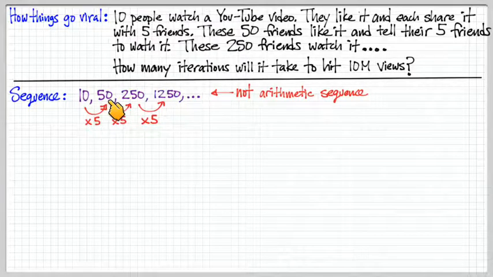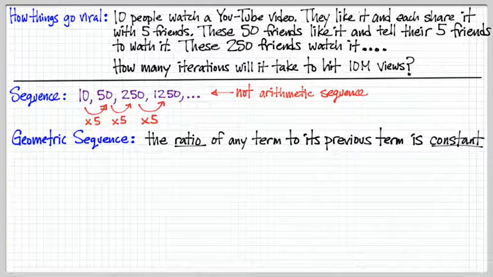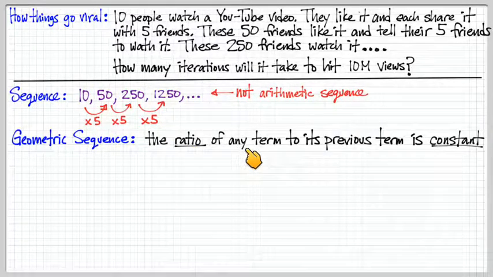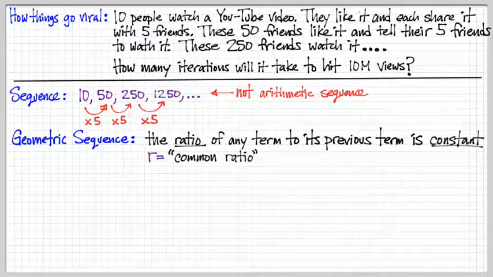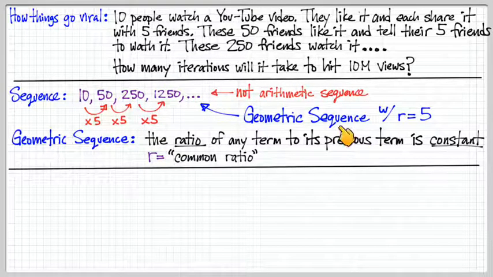We're multiplying times 5 each time here, so we call that a geometric sequence when the ratio of any term to its previous term is constant. And in this particular case, this geometric sequence has a common ratio of 5, where we use r to be this common ratio.